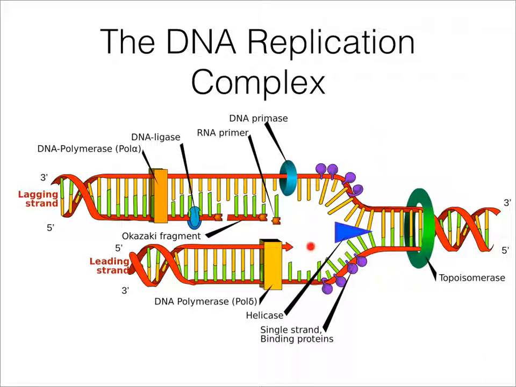So here you see, this is the replication fork right here. This is the new strands being made. Note that this strand is being synthesized 5' to 3', so that's going to be your leading strand. This strand is being synthesized that direction, 5' to 3', so this is going to be your lagging strand up here.